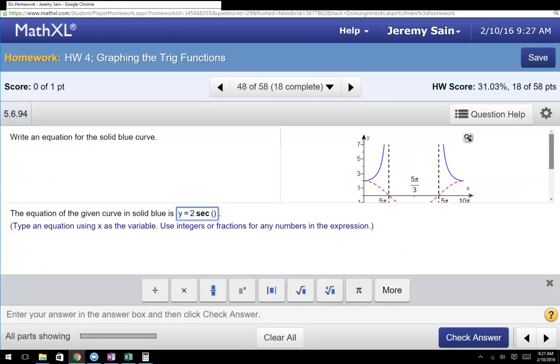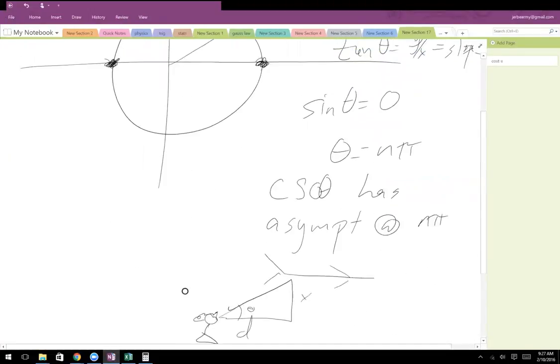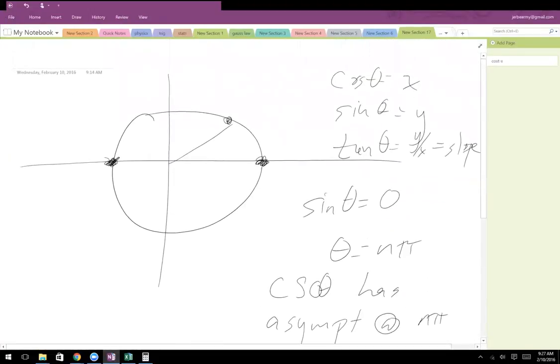Okay, secant. Where are the asymptotes usually at for secant? Zero. Okay, where is cosine 0 at? Pi. Where is cosine equal to 0?